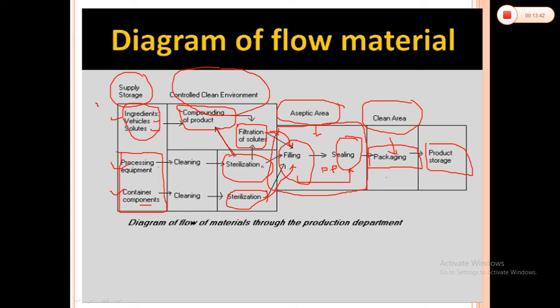Some equipment required for filling, such as the nozzles we are using, has to be sterilized prior to carrying out the filling. So this is the flow pattern, or the diagrammatic representation of how materials flow in sterile formulations.